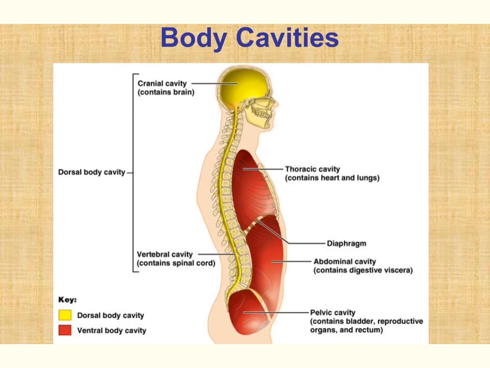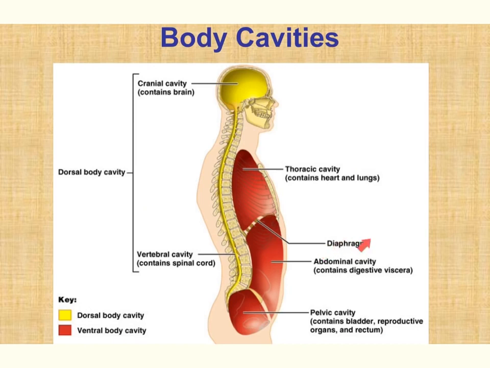Now, the abdominal pelvic cavity is inferior to the diaphragm, and it contains all of the abdominal organs such as the pancreas, the stomach, intestines, etc., along with the reproductive organs and the bladder.